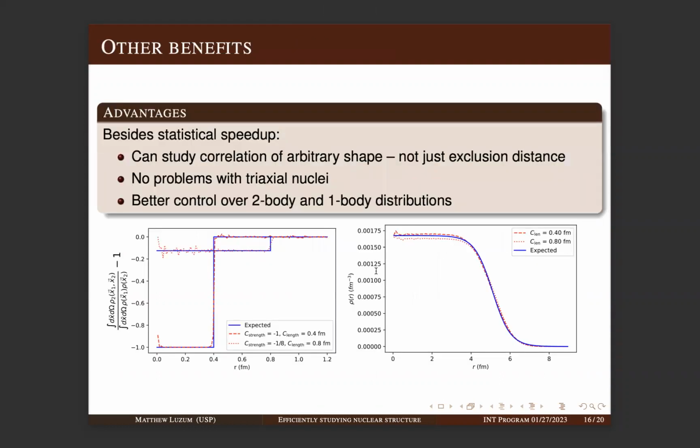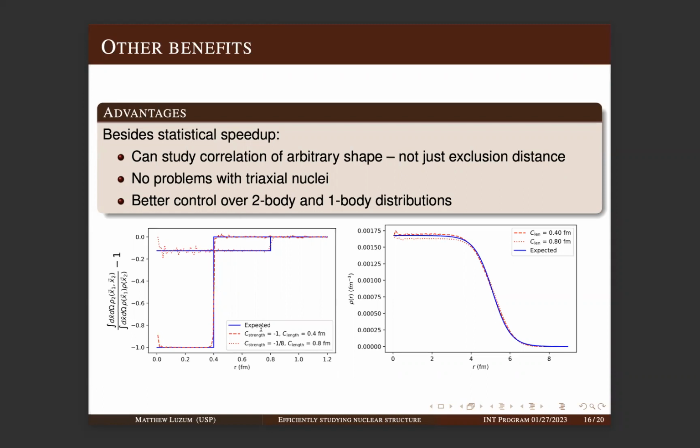Oh yeah, a little bit about the correlation function. I guess just verifying that it kind of works. Here's basically the correlation, the two-body distribution, and the one-body distribution. This shows that you can have an arbitrary length and strength of the step function and get basically what you want.